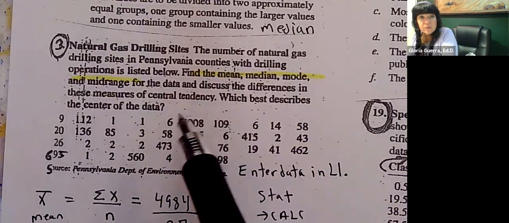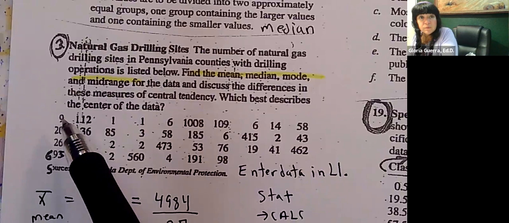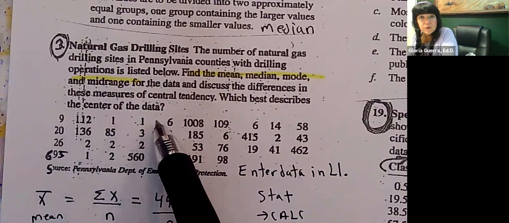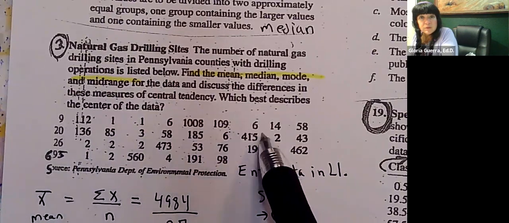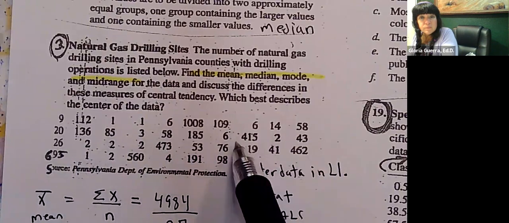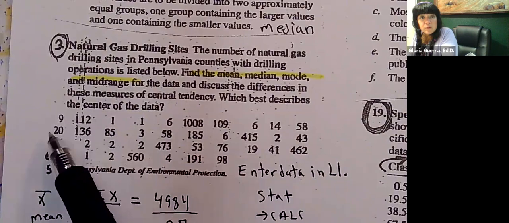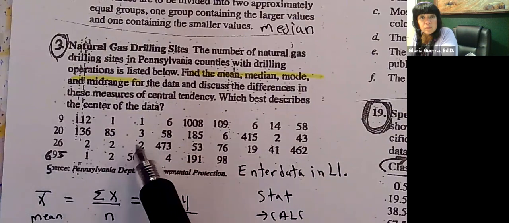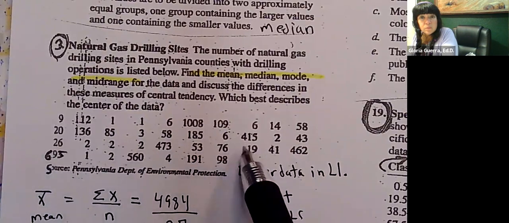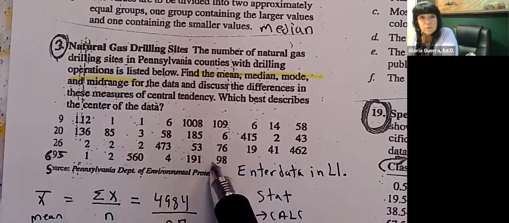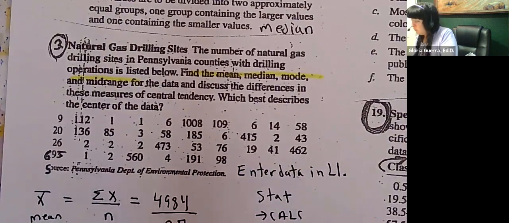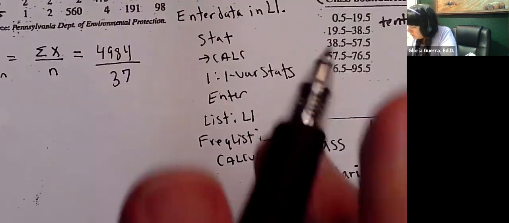Now you have to count and make sure that you didn't leave anybody off. 3, 4, 5, 6, 7, 8, 9, 10, 20, 30. Yep, 37. Okay, so that gives us this.